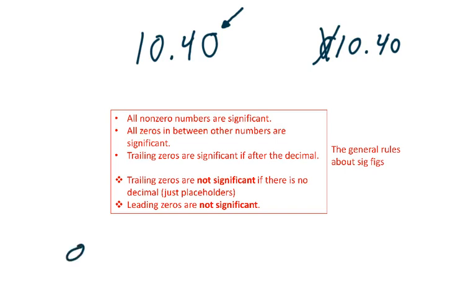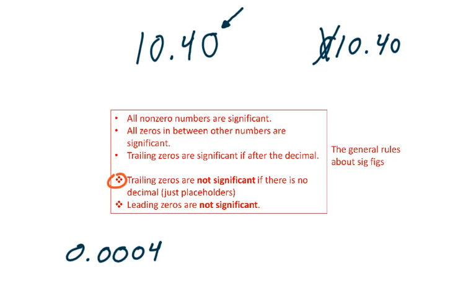Another example of leading zeros would be like this. These zeros here are what you would call placeholders. They're just telling you where that 4 is, but they're not actually significant. And trailing zeros are not significant if there is no decimal.